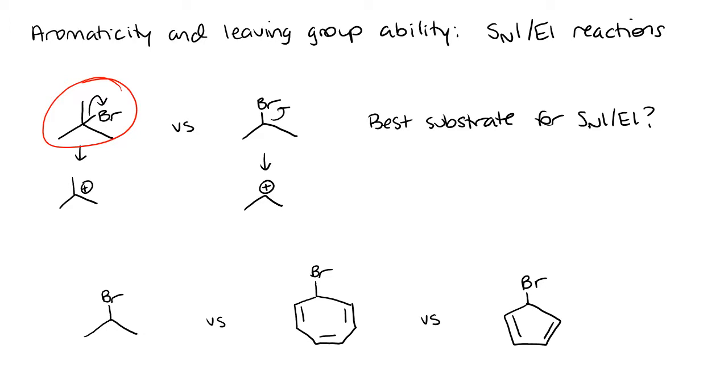Now let's go ahead and consider these three compounds. Taking a look at these compounds, we have a secondary substrate, another secondary substrate attached to a ring, and another secondary substrate also attached to a smaller ring. So on the next slide, let's consider the carbocations that are going to form from each of these secondary substrates.